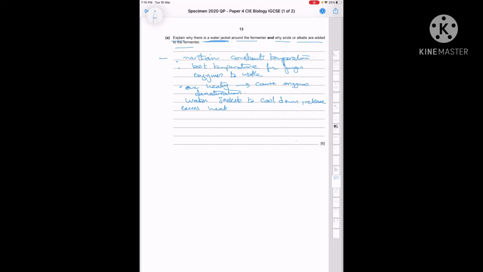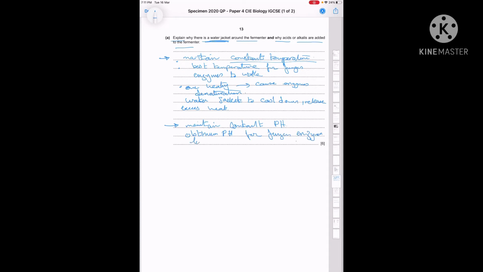Now the other part of the question, why alkalis and acids are added, basically it's the same idea. As the water jacket was there to maintain a constant temperature, the acid or alkali are added to maintain optimum pH. So to maintain constant pH, this constant pH should be the optimum pH for, again, the fungus enzymes to work.